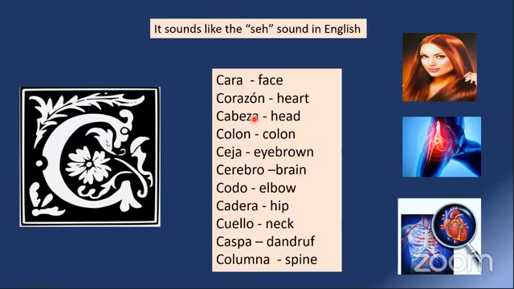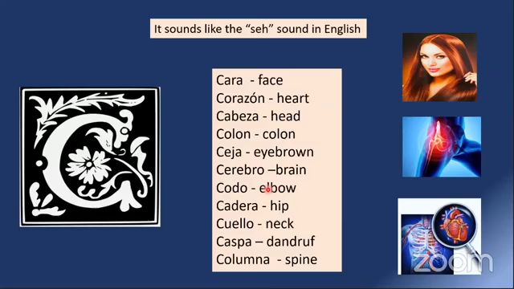Me duele la cabeza. Colon. Ceja. Ceja is the eyebrows. Cerebro is the brain, the anatomic structure inside of the cabeza. Codo is elbow.